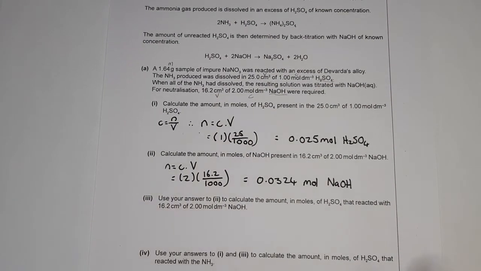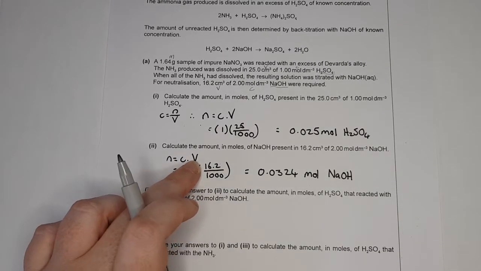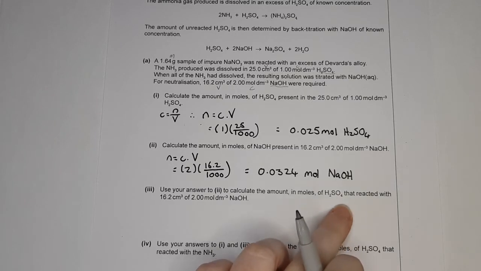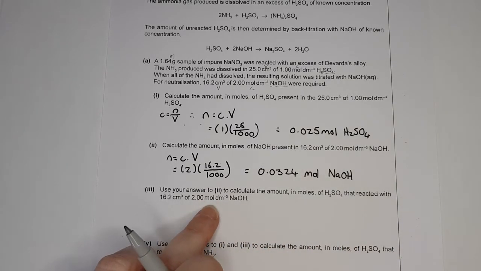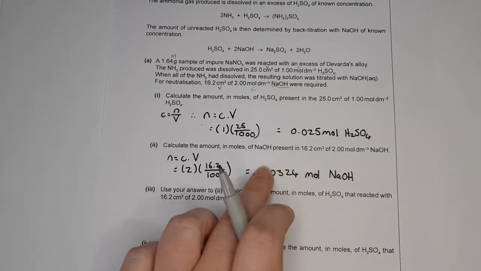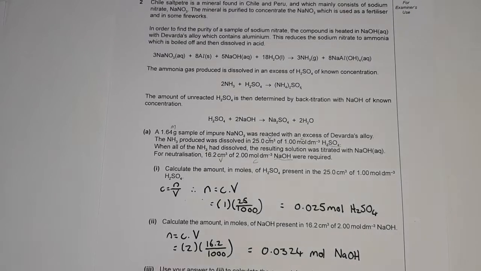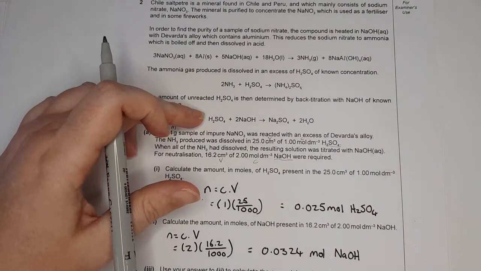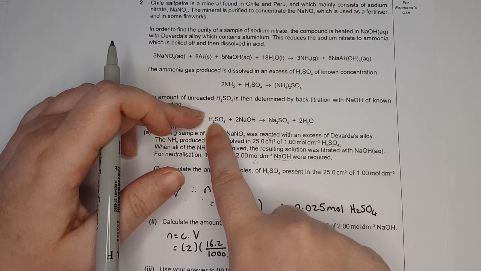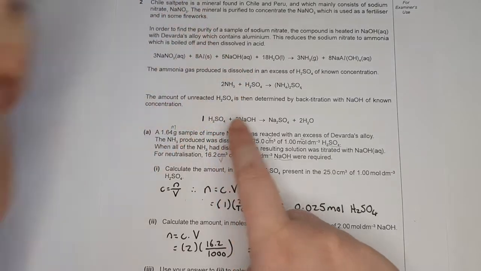So now it says use your answer in 2, which was the one we just calculated, to calculate the amount in moles of the H2SO4 that reacted with that NaOH. So now we've got the moles of NaOH. Our equation says the NaOH to the H2SO4 ratio was 2 to 1.